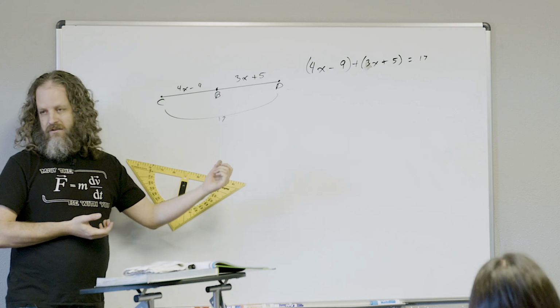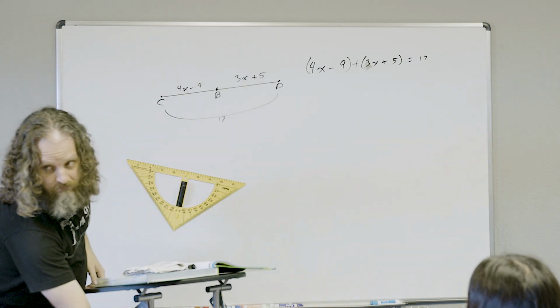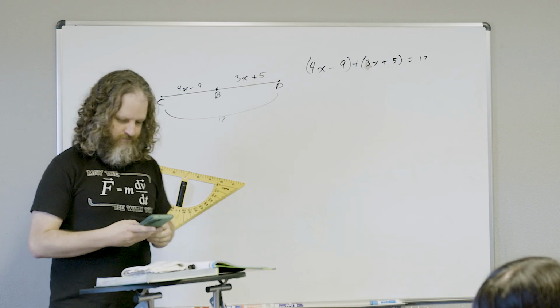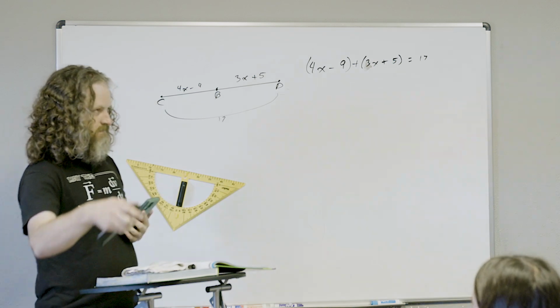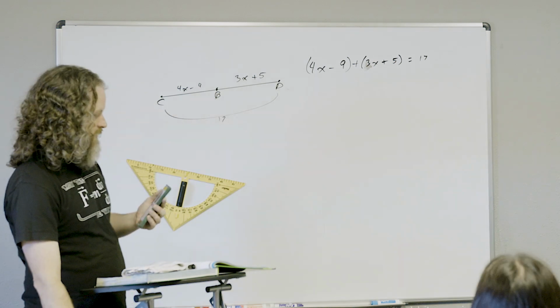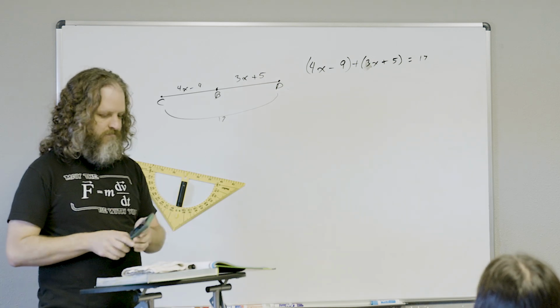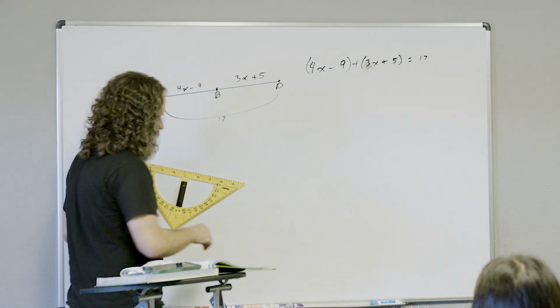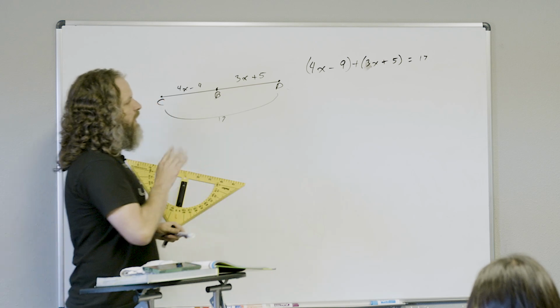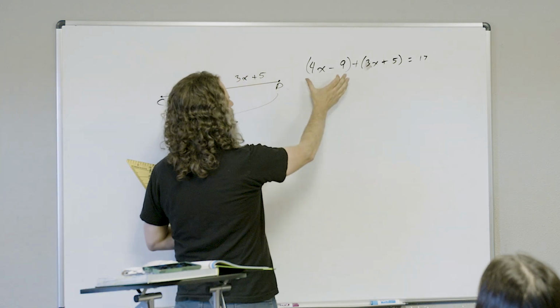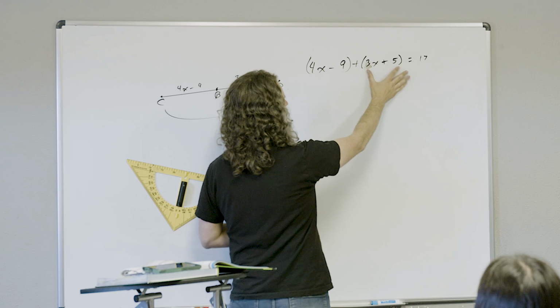made the equation? Okay, so let's solve the equation. I think we're done with that, yeah? Okay. How do we solve that? Combine like terms. Yep, where are they? 4x and 3x. So before I combine like terms, I put these in parentheses because we're adding this whole thing plus this whole thing.